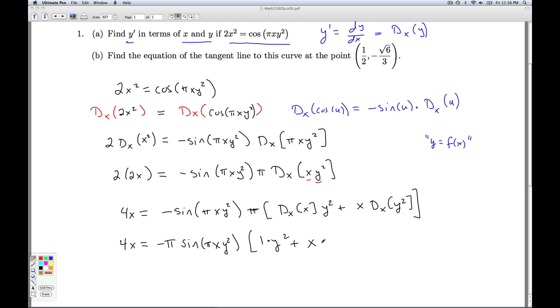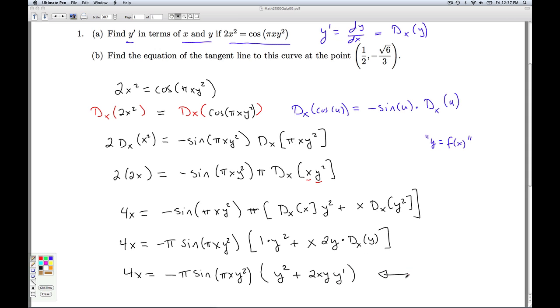So the derivative of something squared is 2 times that something times the derivative with respect to x of whatever the thing was. So 4x is negative pi sine of pi xy squared, times y squared plus 2xy y prime.